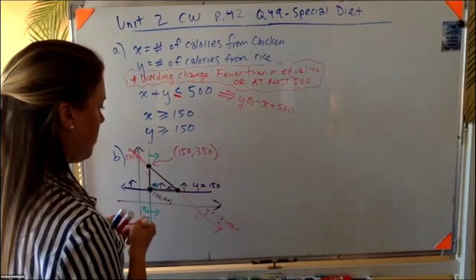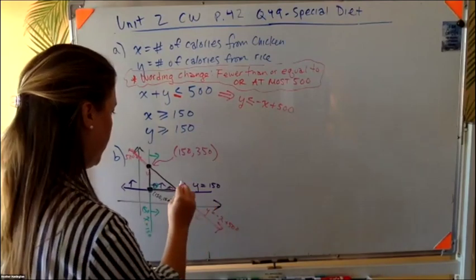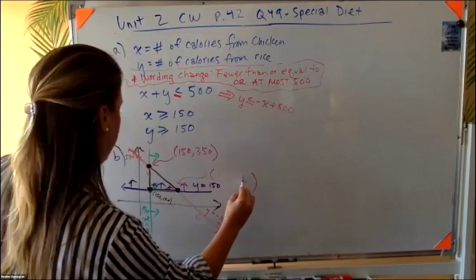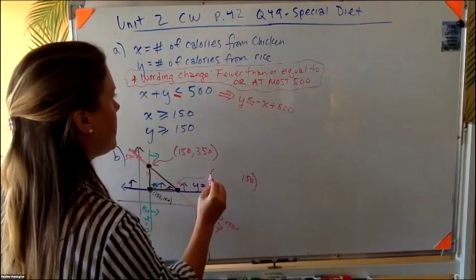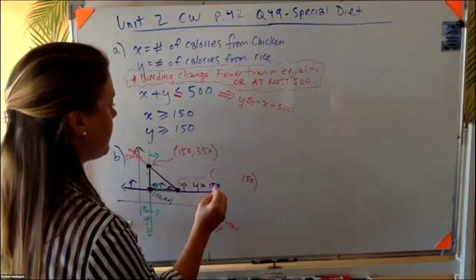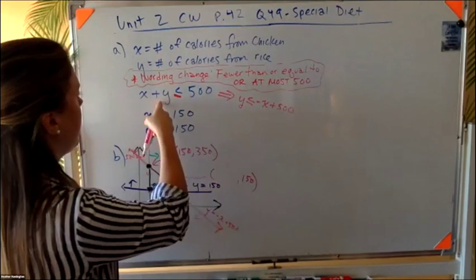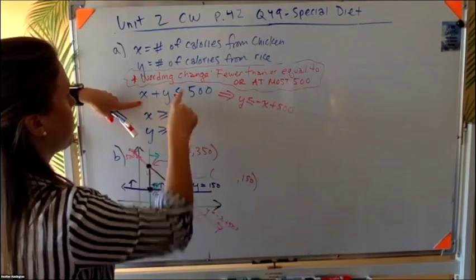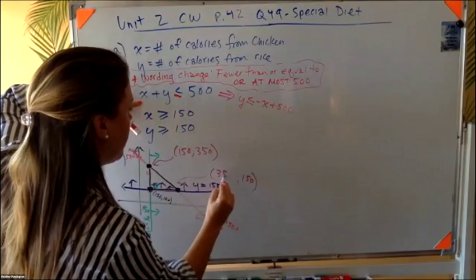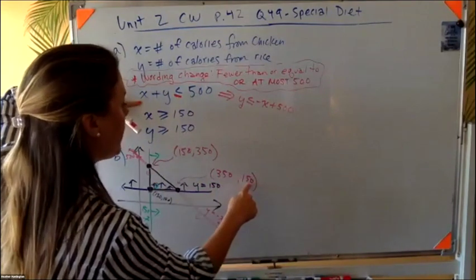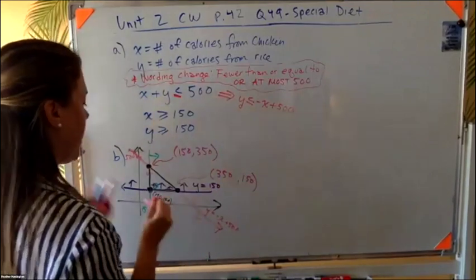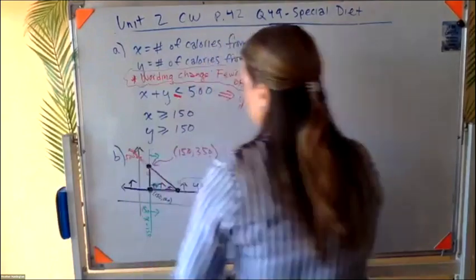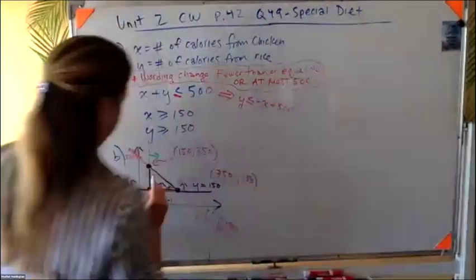So we substitute Y equal to 150 here, and X is going to be 500 minus 150, so it's 350. You're just substituting Y equals 150 into this line and then solving for X. All right, we found the vertices of our feasible region.